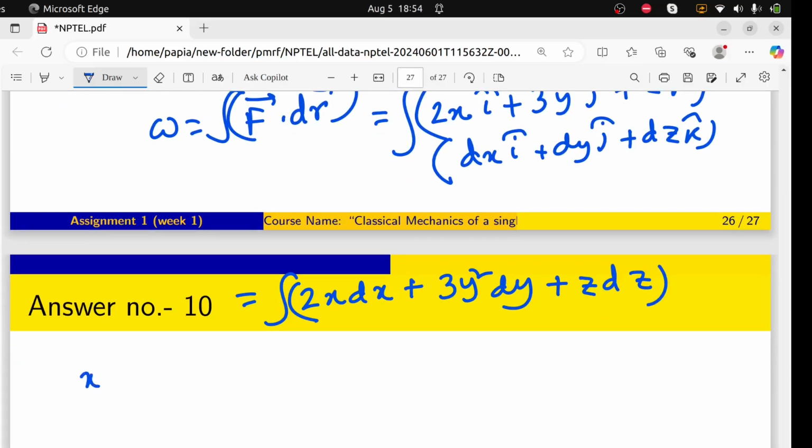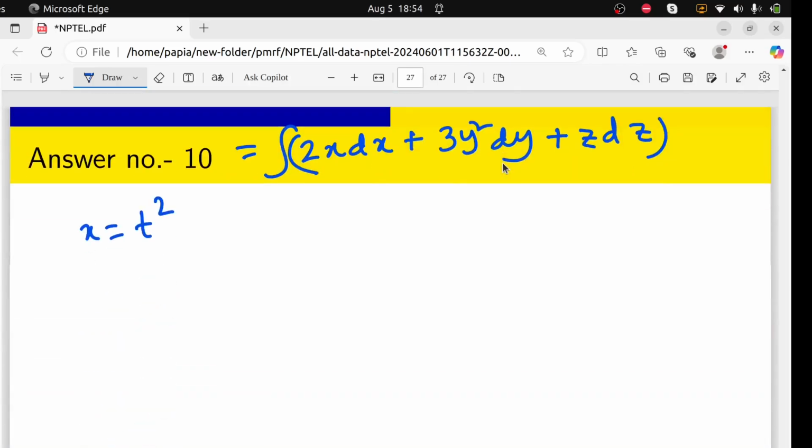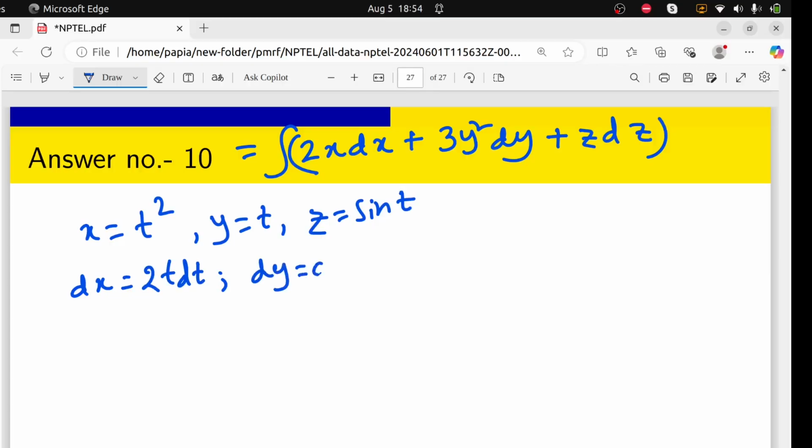Now x was t square, y was t and z was sin t. Now I can write dx equals 2t dt, dy is dt, dz is cos t dt.